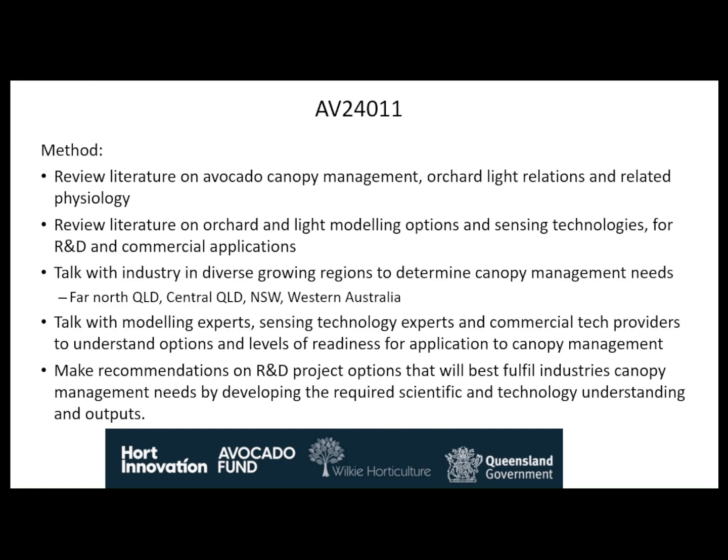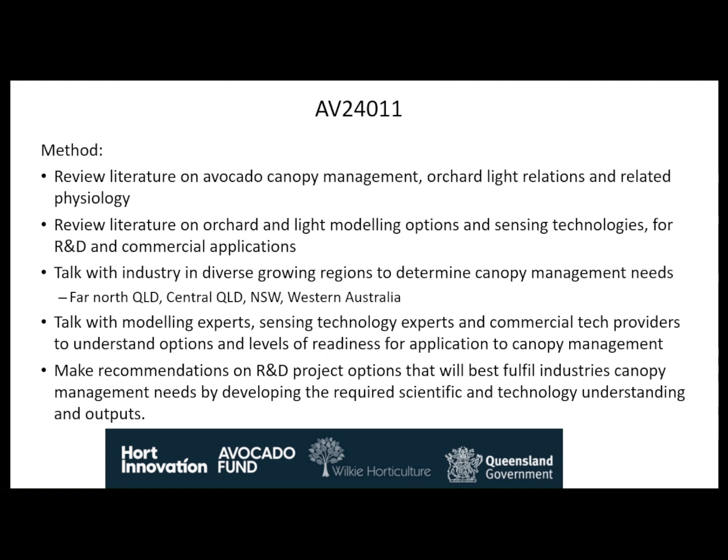First of all, we're going to review literature on avocado canopy management and orchard physiology, in particular orchard light relations, related physiology. We're also going to review literature on orchard light modelling options and sensing technologies for application for R&D or for commercial applications.